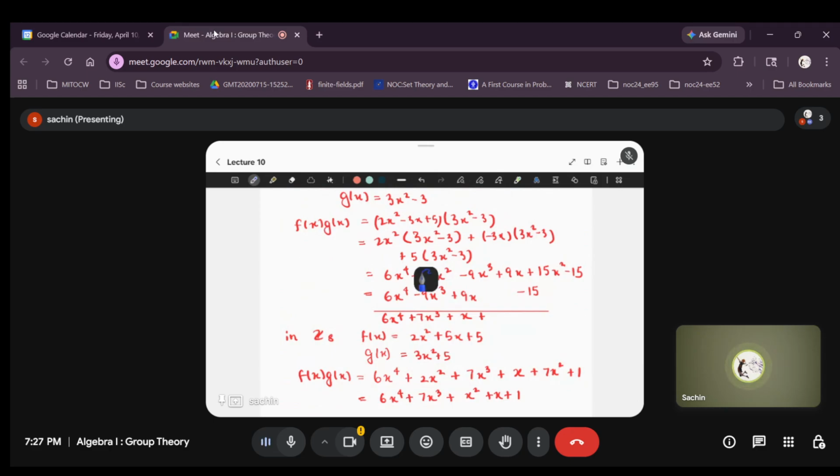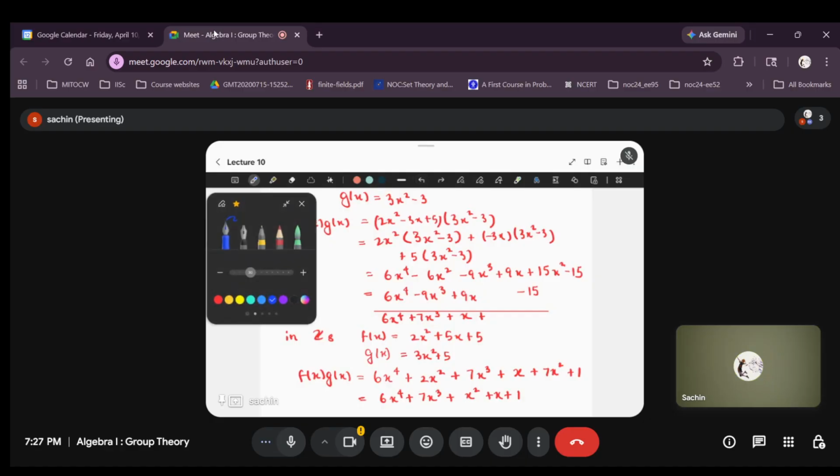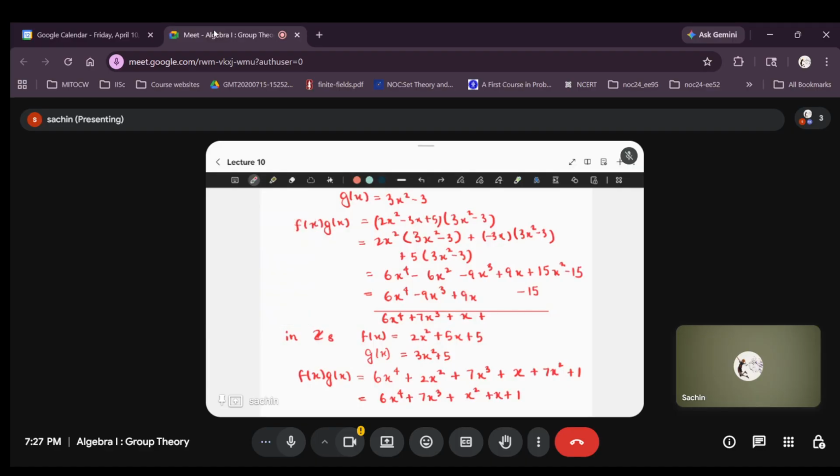So this was plus 9x² plus 9x minus 15. And that would be in Z8 x² plus x minus 15 is 1. Yeah.